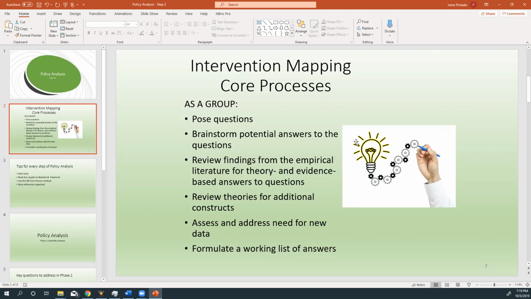You brainstorm the potential answers to those questions and you write them all down. Then either as a group or individually, you assign stuff to people. They go away and take those potential answers and review: are these answers realistic? Do they really answer the question? Are they something we can actually use? You either go to the empirical literature, so has somebody done it before?